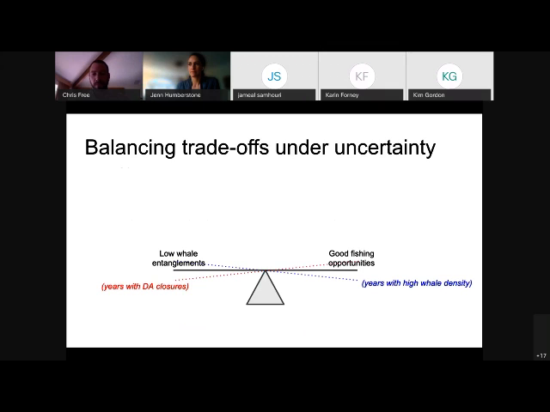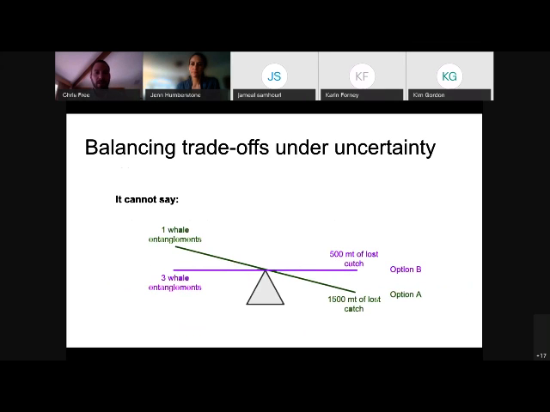So strategies that perform well in years that have early season closure or season delays due to domoic acid or meat quality, and also perform well in years that have particularly high whale density or anomalous whale dynamics.